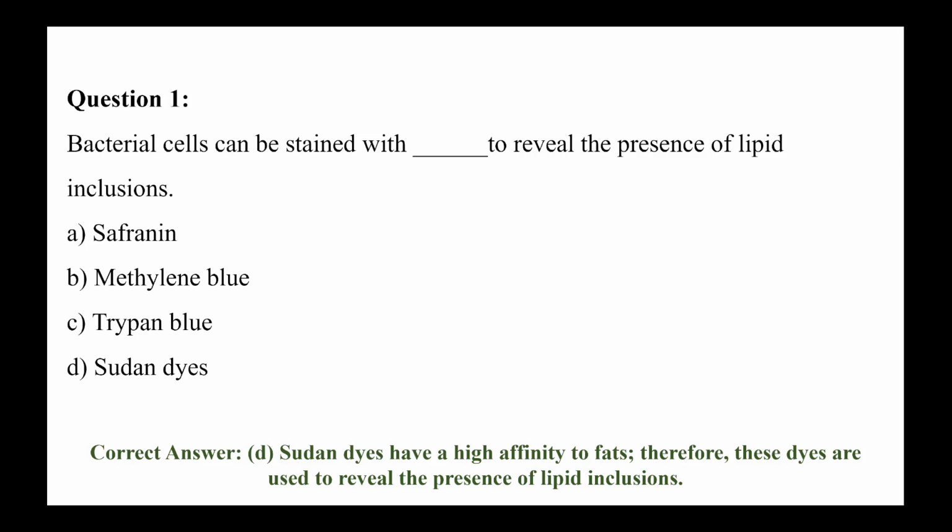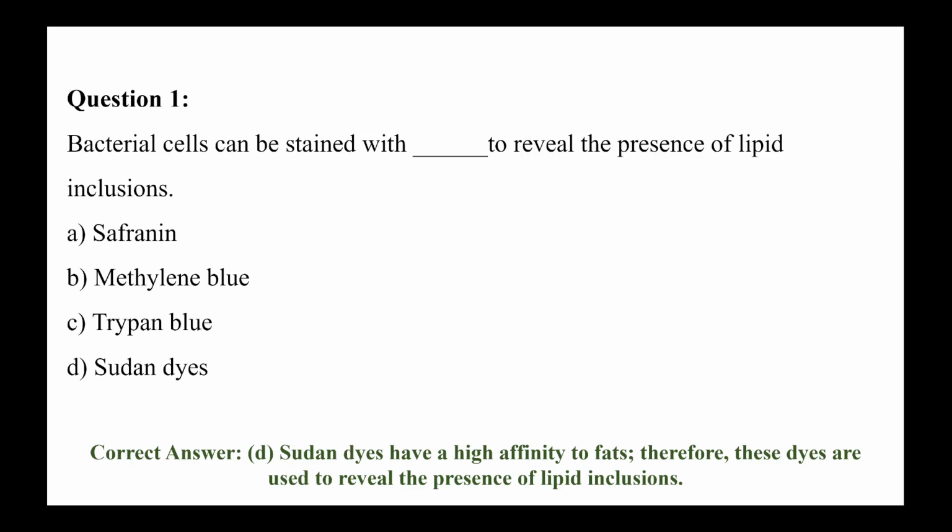Lipids are basically made of fatty acids, right? So we need dyes that can bind to these lipids so that we can stain the lipid inclusions. Since Sudan dyes have a high affinity for fats, we use these dyes to stain the lipid inclusions.